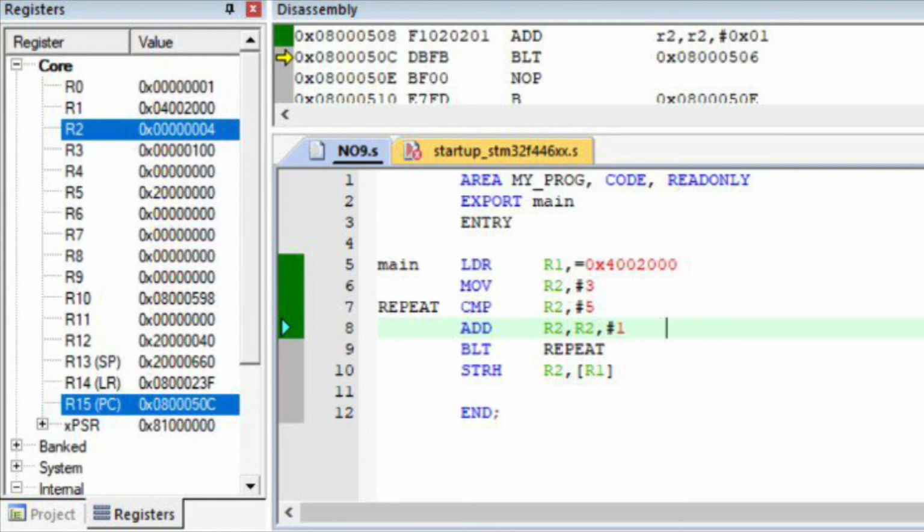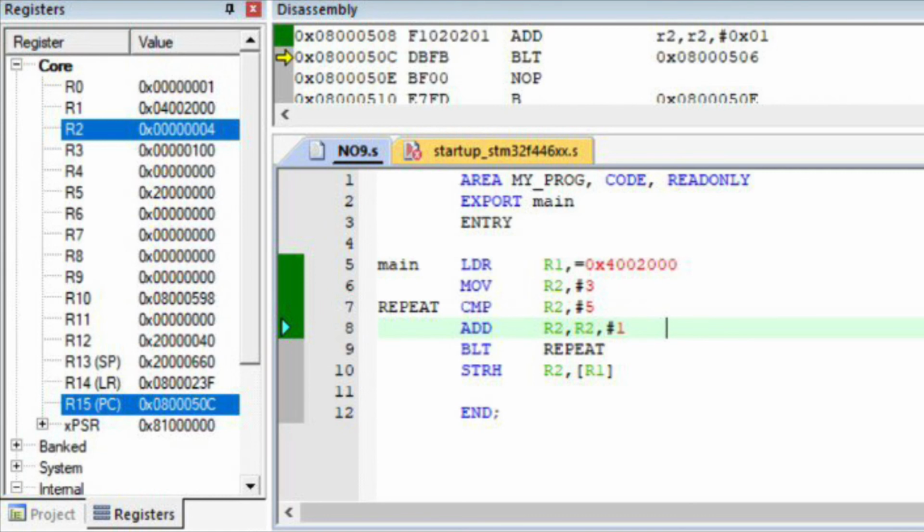Next is compare, what the question asks, which is 5. If the value is higher than 5 it will be stored, but if the number is lower than 5, it will be added by 1.